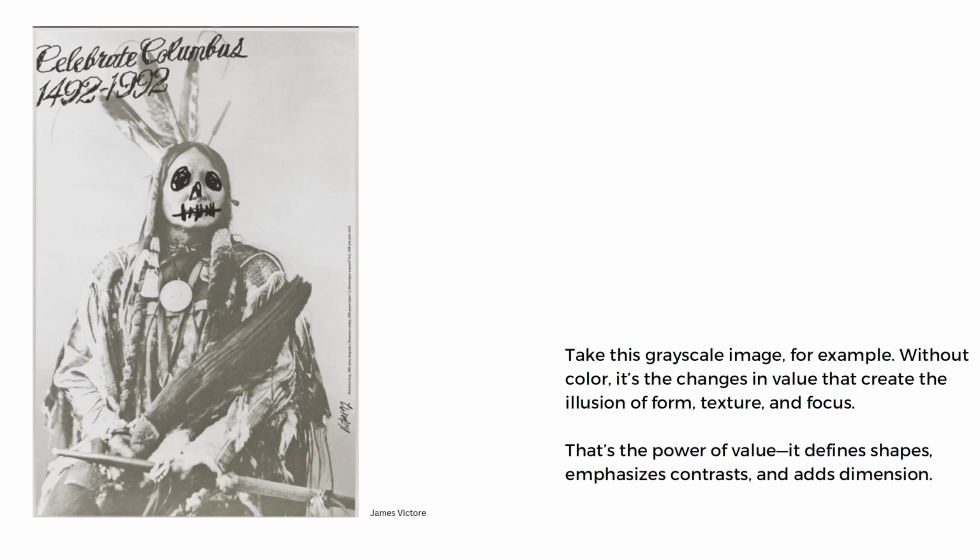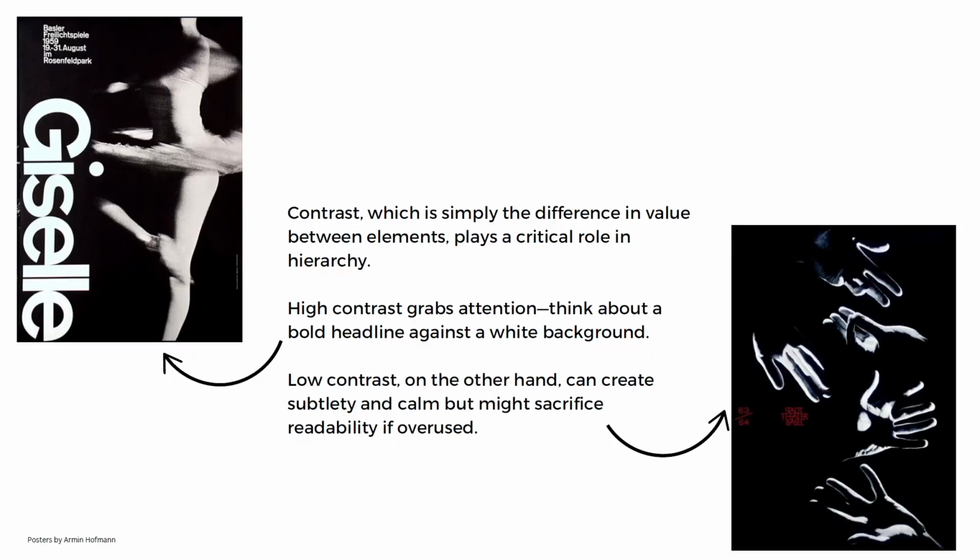And when he's using the really solid tone of the dark black against that grayscale, it's going to help create that jump-out attention. We know exactly where to read. He's creating hierarchy through his use of value. It's going to help define its shapes. It's going to emphasize contrast, and also it's going to help us add dimension to the piece.